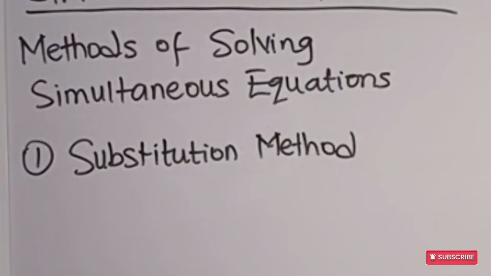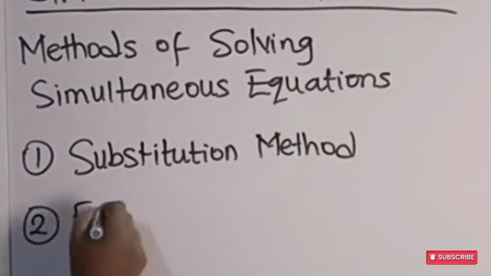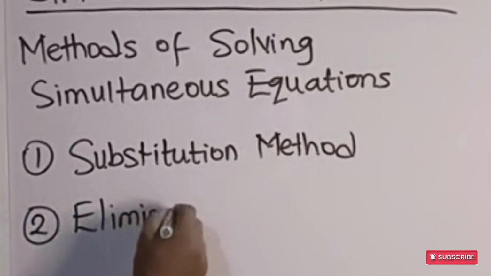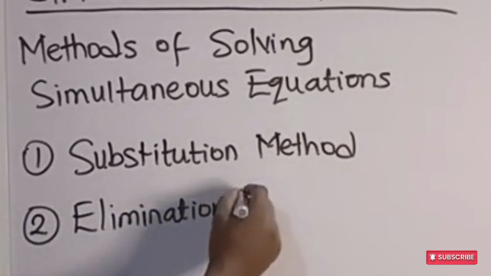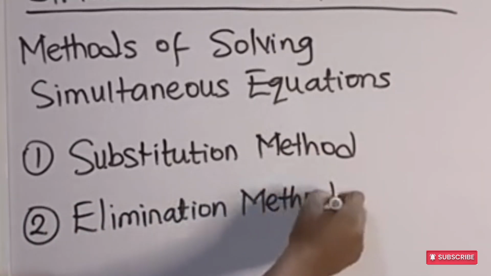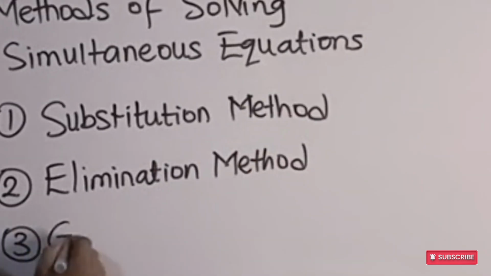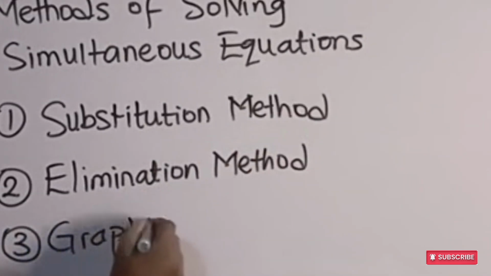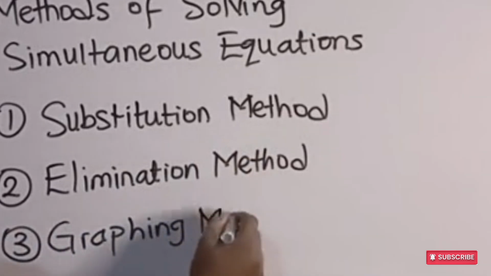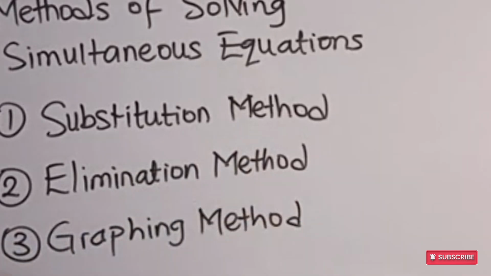Substitution method is one of the methods of solving simultaneous equations. The next method is elimination method. And the third one is graphing method.